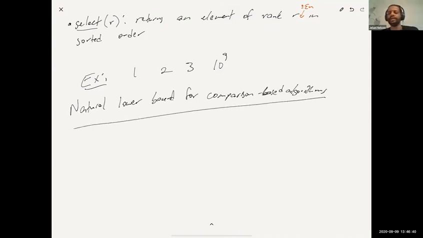Comparison-based, what does it mean? It means that what you're storing in your memory is a subset of the items that you saw. I'll use a definition from a paper of Cormode and Veselý from this year. Whenever you see another item, you're allowed to do equality tests with things in memory and also comparisons.